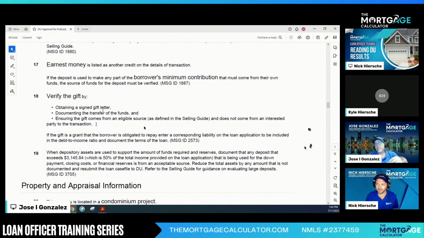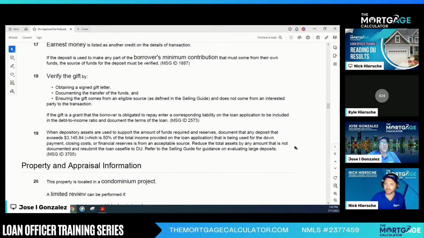We were going on vacations together, lifelong friend, and another letter of explanation from the borrower about how close they were as friends, in order to make it plausible that somebody would be just giving you for free $5,000 or $10,000. So be aware of that. It is possible with somebody other than a blood relative, but you got to really document the file. And notice if it's not a gift, if it's obligated to repay, but if it is for whatever reason, then you got to document the liability.